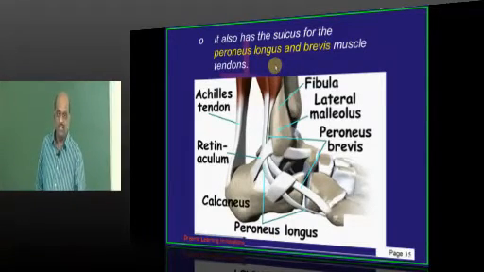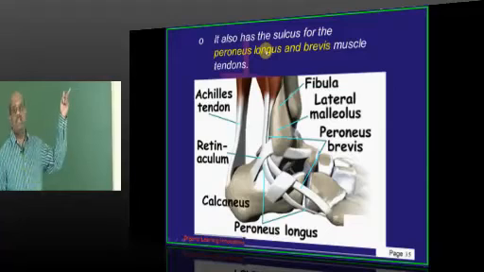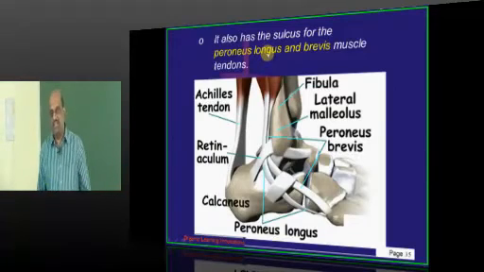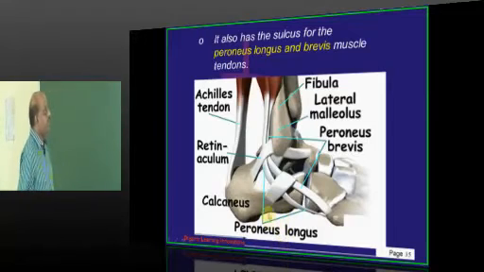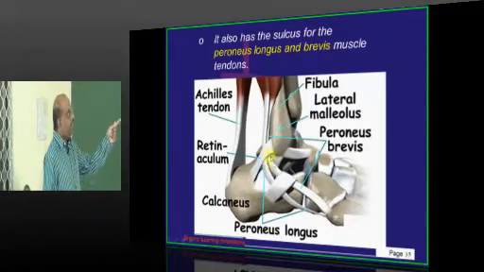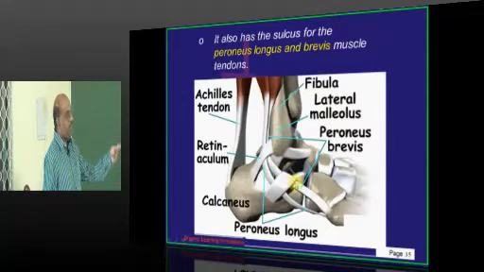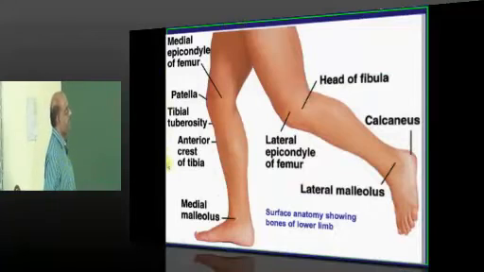Which tendons? Flexor hallucis longus, etc. Then the lateral malleolus says, I too want a groove because you gave a groove to the medial malleolus. Through that groove, peroneus longus and peroneus brevis are the two important tendons which will be passing.